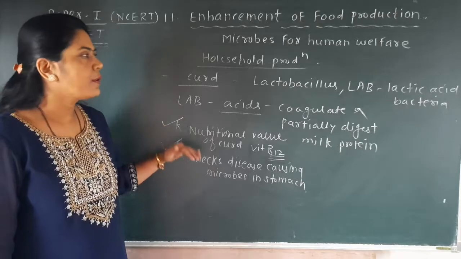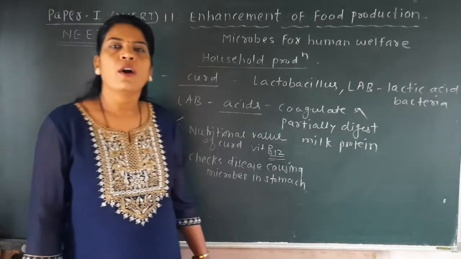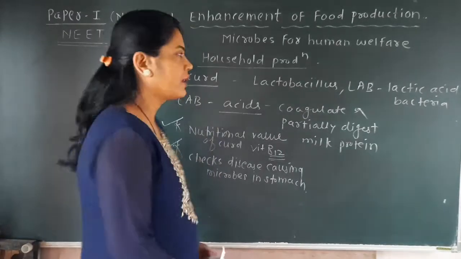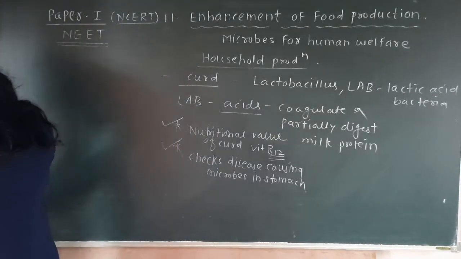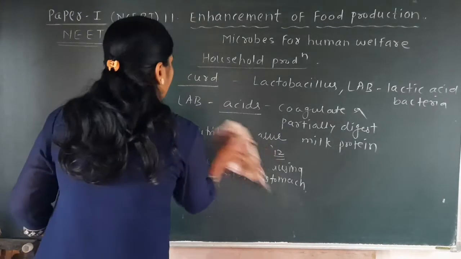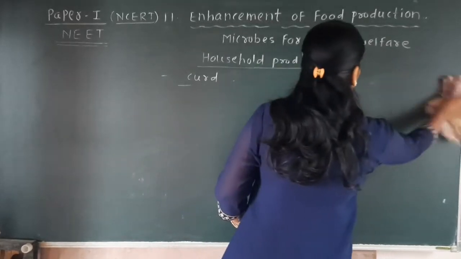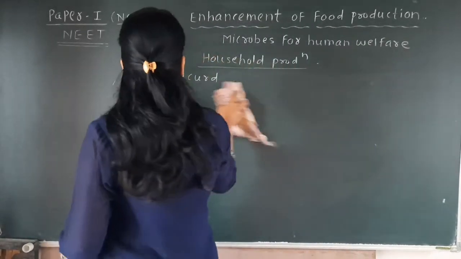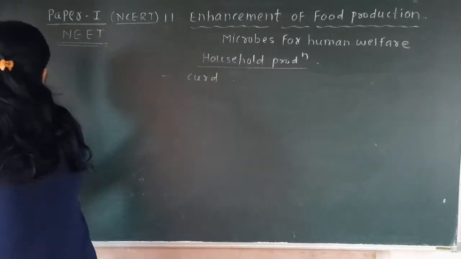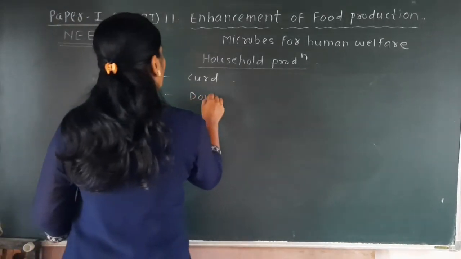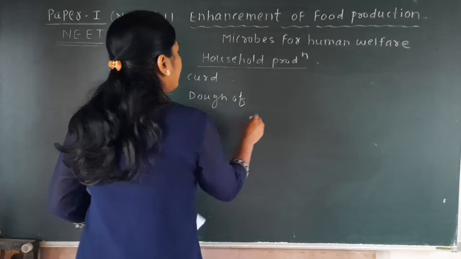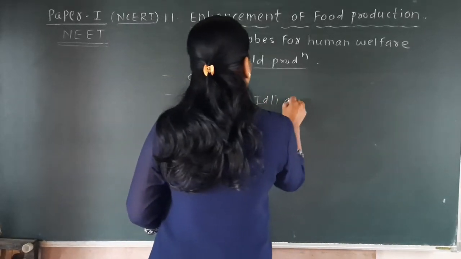So here we have completed the first point of microbes in household production. Then the second example is given, that is the dough of idli and dosa.